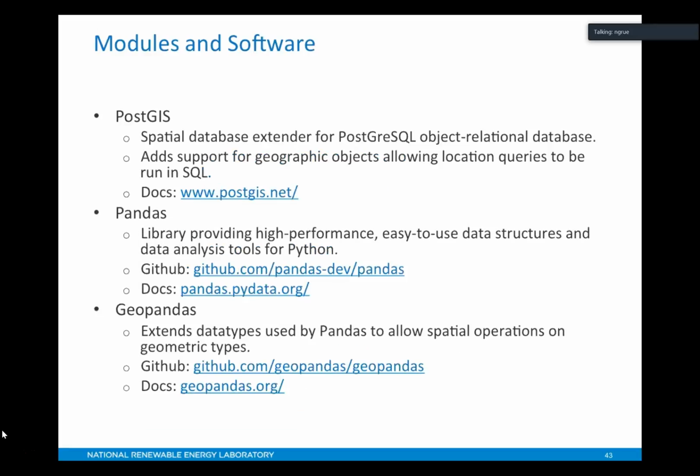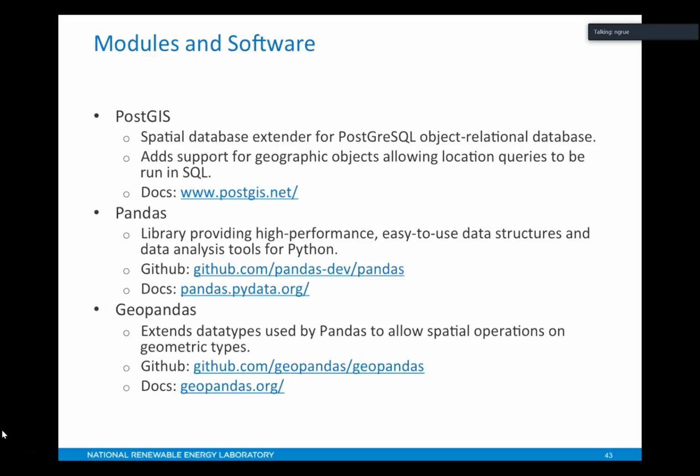PostGIS could probably have its own slide because there is so much to it. It's a spatial index. It adds spatial elements to Postgres. And so if you have Postgres installed, PostGIS will allow you to deal with spatial objects. Pandas is a high performance, easy to use data set structure for Python, and this was basically the missing link in terms of data frames.